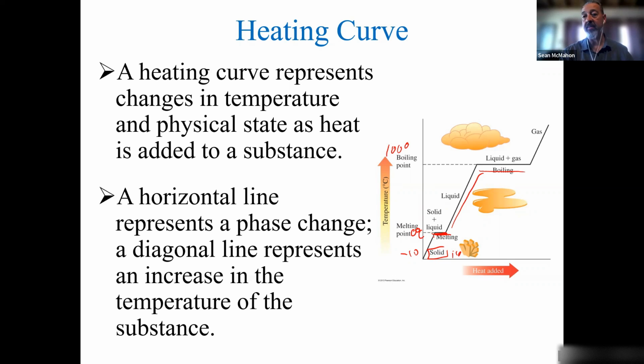That's when I'm melting it. So now I'm putting heat into the system, but instead of having it vibrate faster, that heat just separates them. And it'll keep doing that until all of it's a liquid. Now, when all the particles are no longer in that fixed structure and they're a liquid and they're free to move, if I keep putting heat in, they're going to move faster in that slipping and sliding mode.